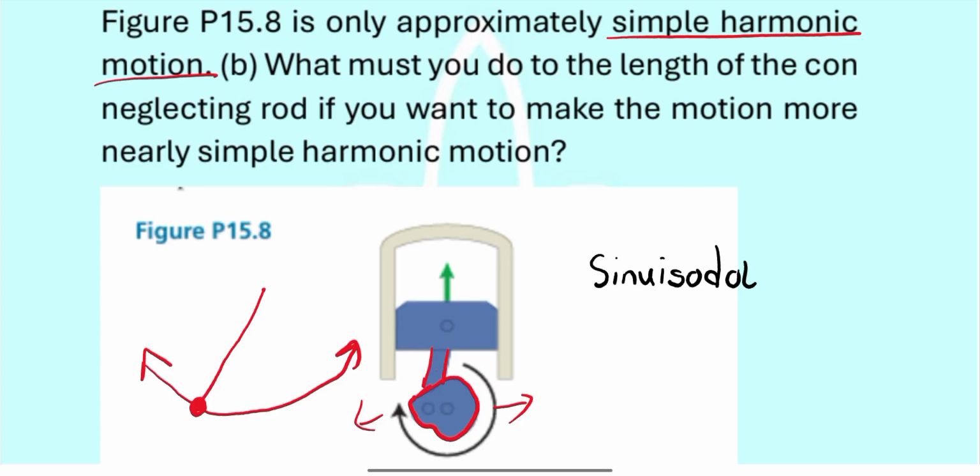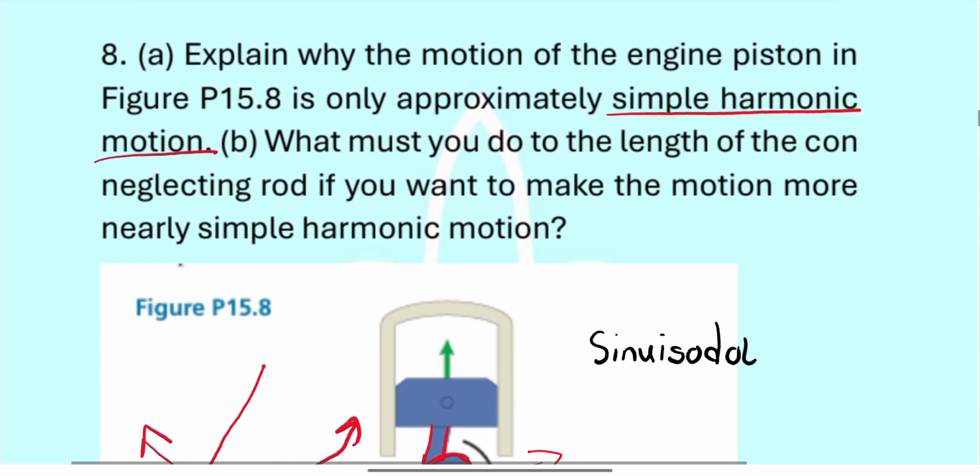But then there is this bob over here, which is also moving at its own angles. So this bob here is what makes this thing not have a perfect simple harmonic motion, as the question is saying.